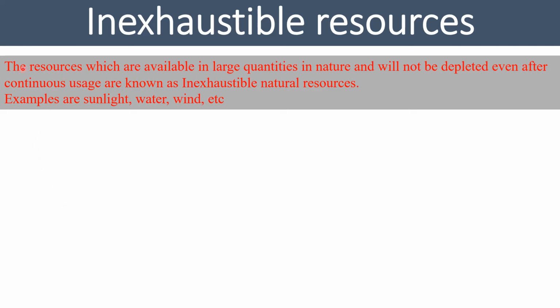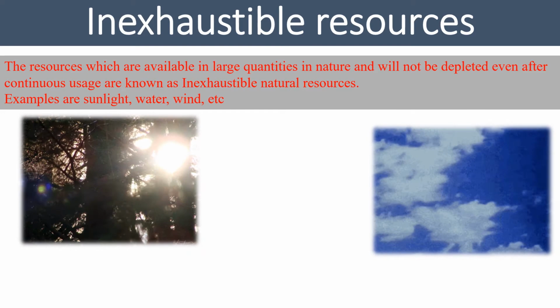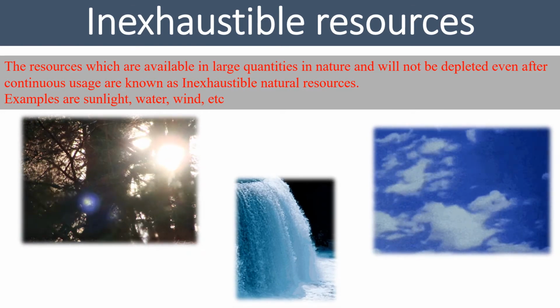Those resources which are available in large quantities in nature and will not be depleted even after continuous usage are known as inexhaustible natural resources. Examples are sunlight, air or wind, water, etc.